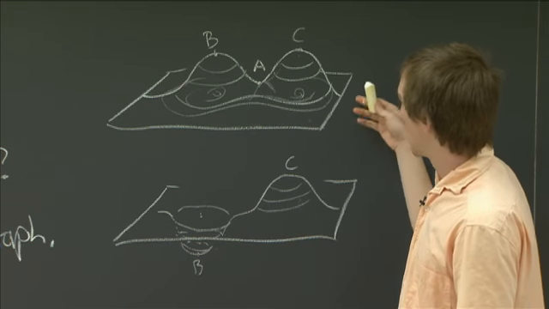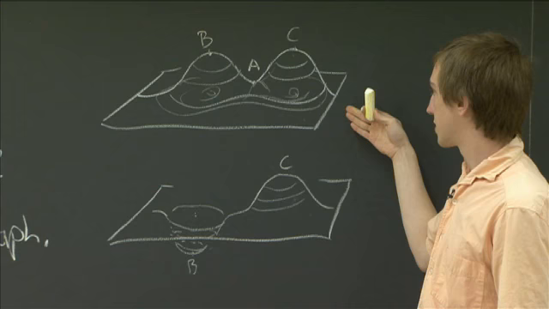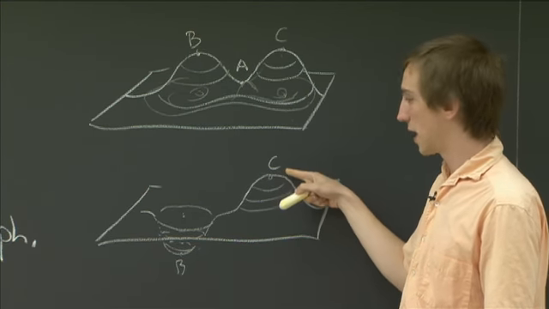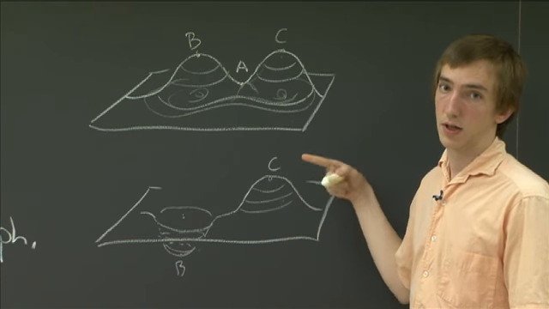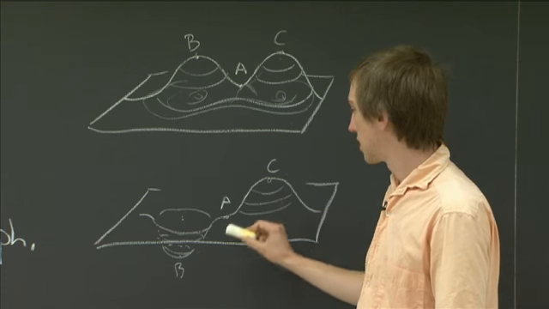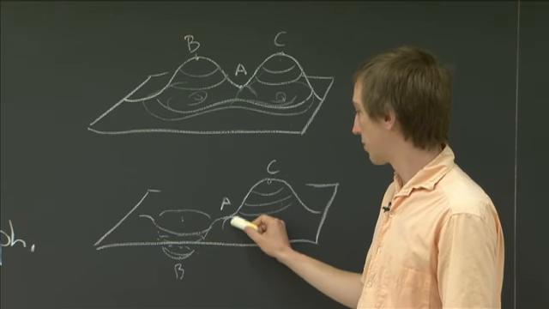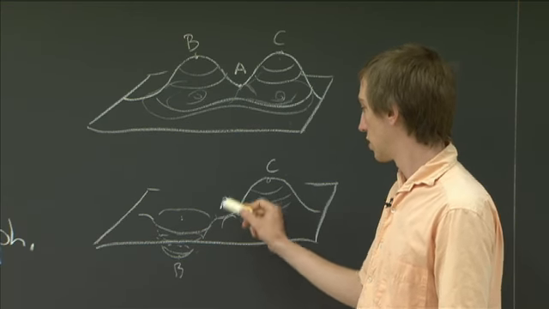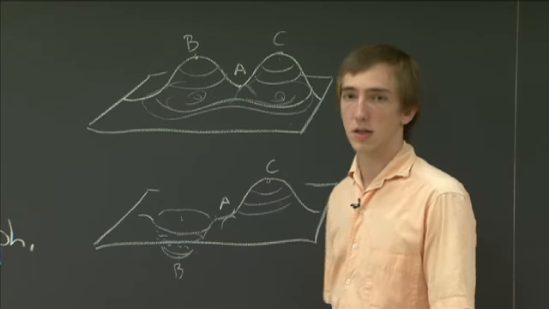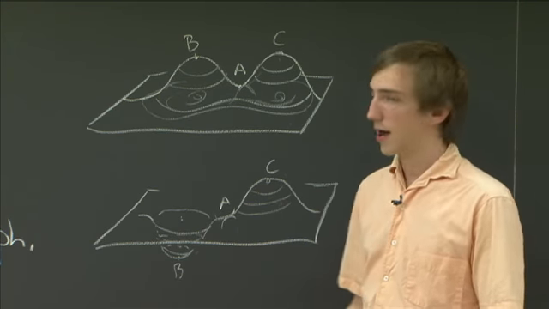So here we see two examples where the global behavior in B and C are very different, even though they have the same contour plot. Now notice in both cases, A is a saddle point. It's increasing in one direction and decreasing in the other. And I think I'll leave it at that.